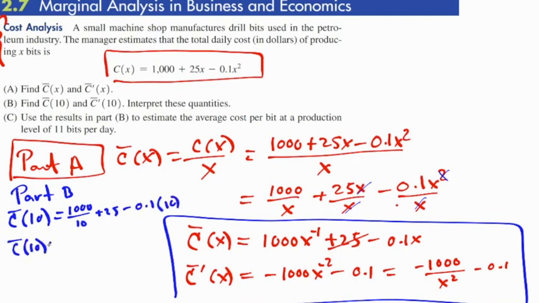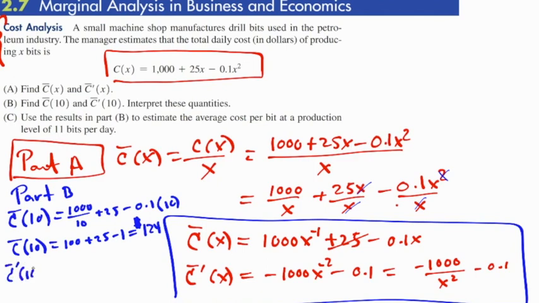C bar of 10 gives us 100 plus 25 minus 1. We get $124. $124 is the average cost of each bit when we're producing 10 bits.